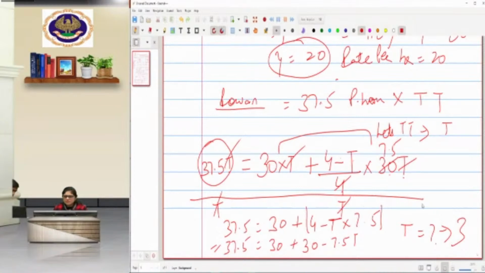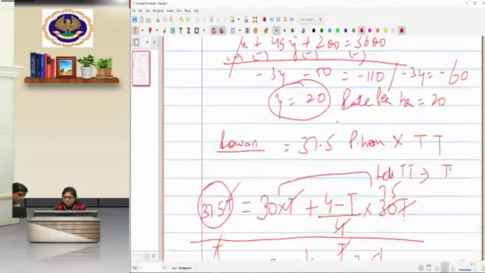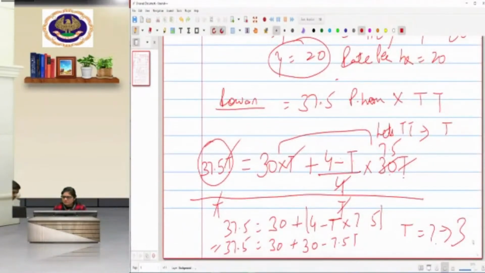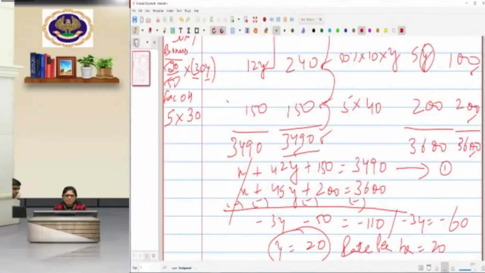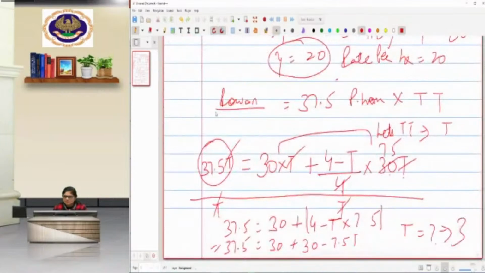Just solve it. Just hold for a while. Just solve the equation under Halsey premium and calculate the total and the rate per hour.